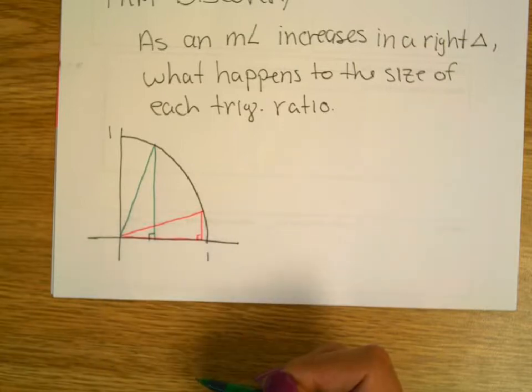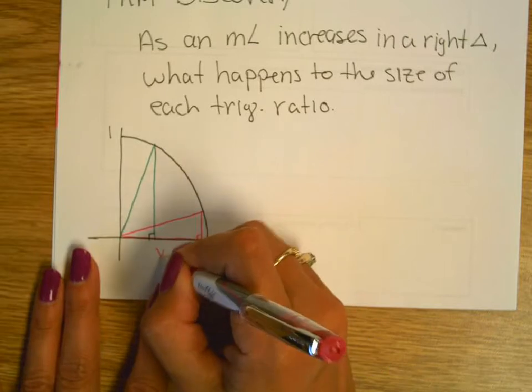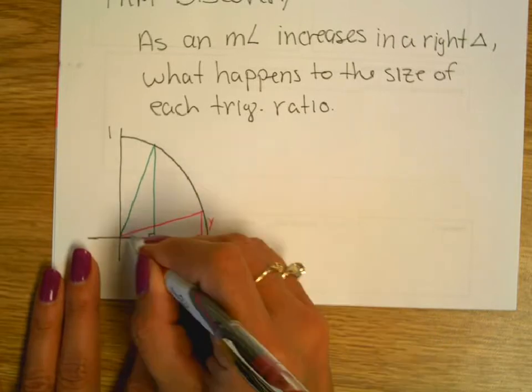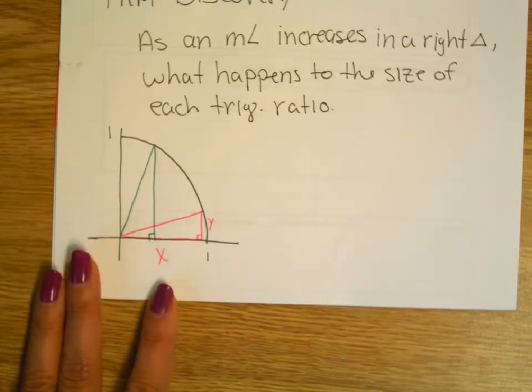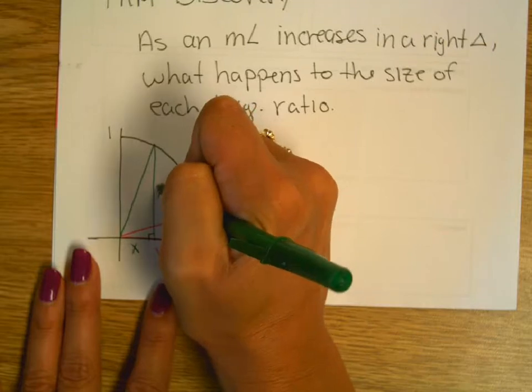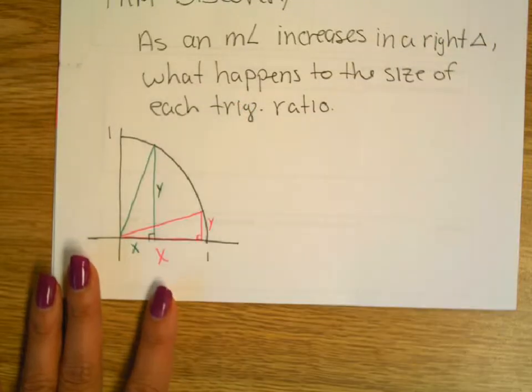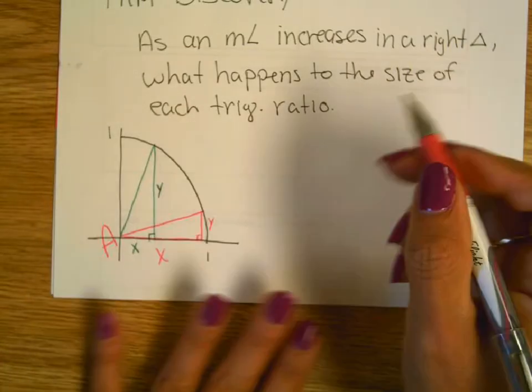So now we're going to look at what happens to our ratios. And it's going to be easier to see it as our x, y, and r definitions. x, y, r is a 1, because we got it on the unit circle. And then you've got your green x, and your green y, and your 1. Put an A there.